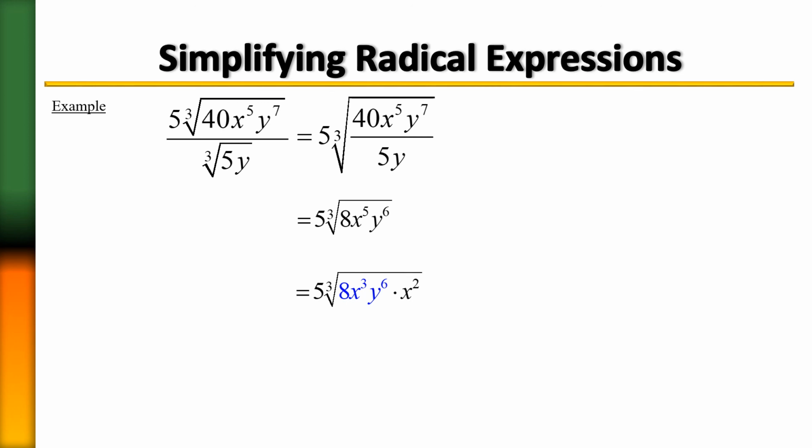It goes on the outside, and it's going to multiply with the 5 that's on the outside. So what came outside was 2x. Y squared came outside. Now we multiply that with 5, and what we get outside now is 10x y squared cube root of x squared. And there you have it.